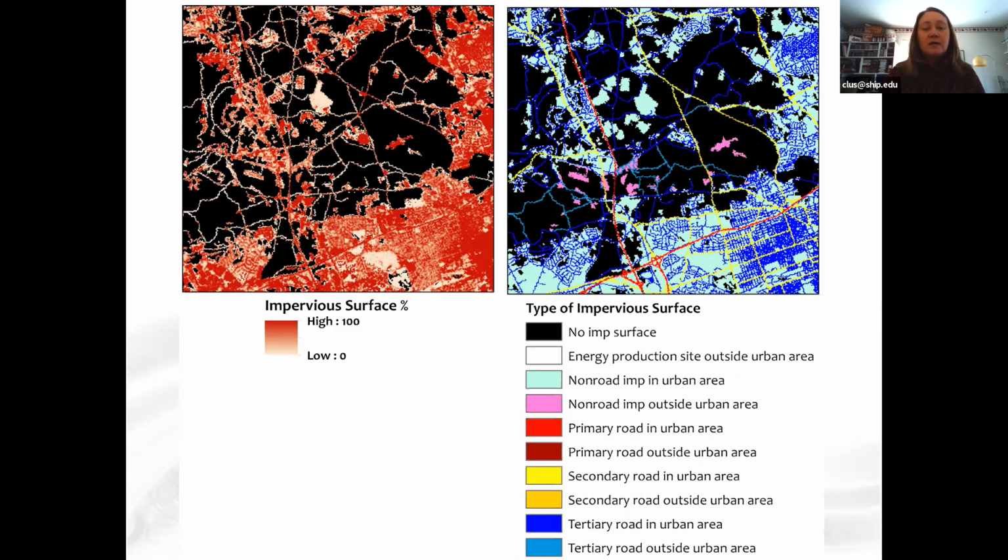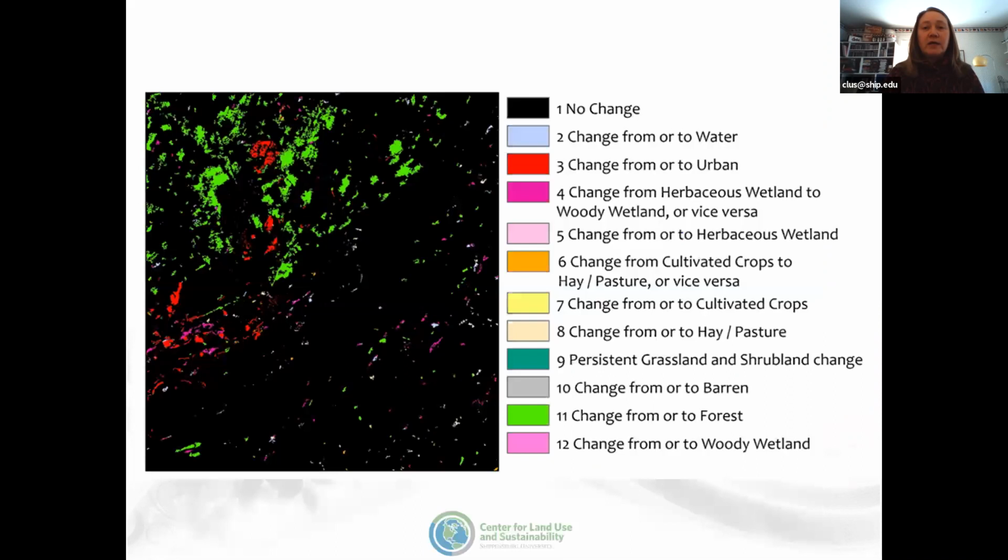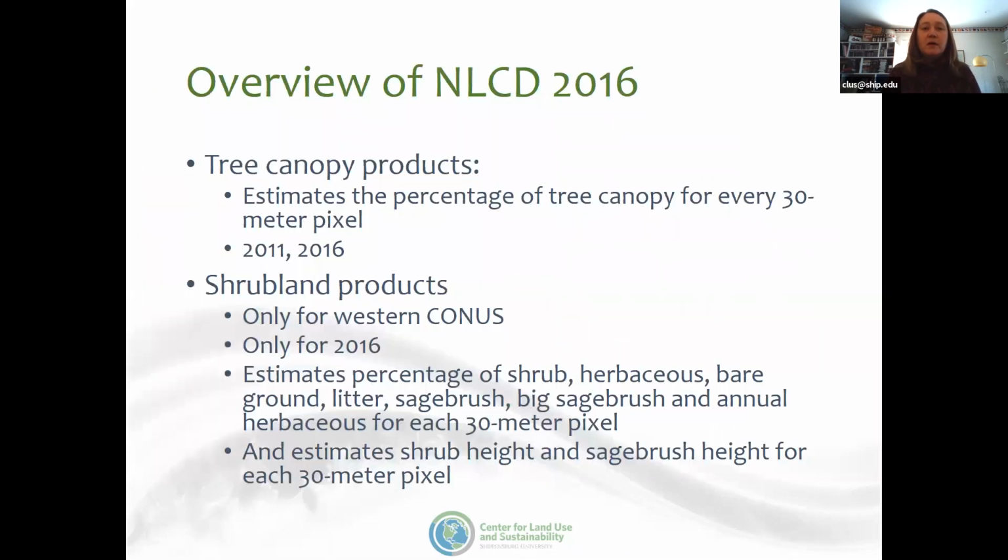In terms of that change layer that I referenced earlier, this is a snapshot of what you get there. So again, this is any change that occurred between 2001 and 2016. You can see there's 12 different types of changes captured here that happened at least one time during this time period. A couple of other products available.